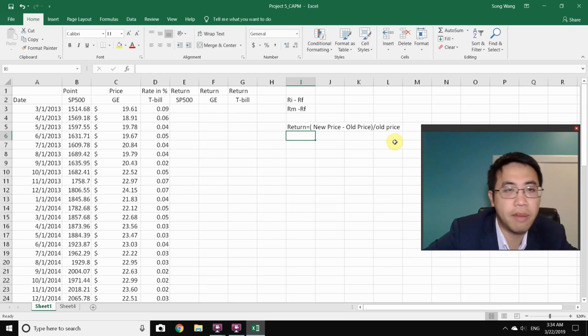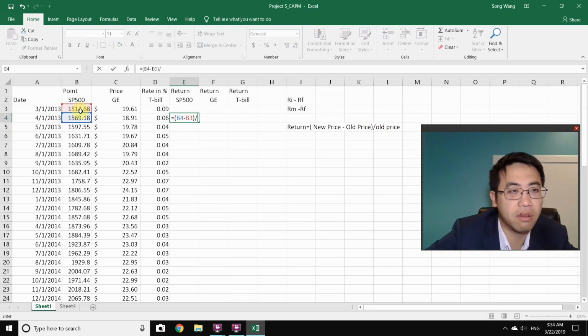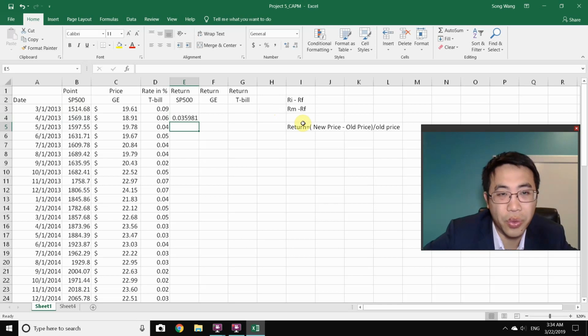For example, if you want to get the return for April of 2013, you need to use the price of April minus the price of March, and then divided by the price of March. And this is a formula you really have to memorize, okay?